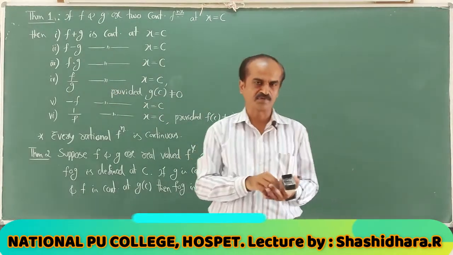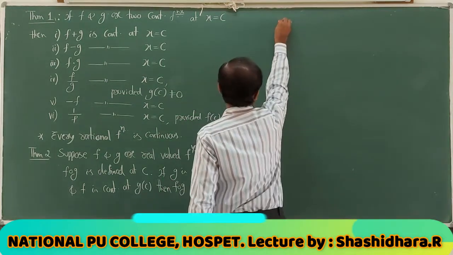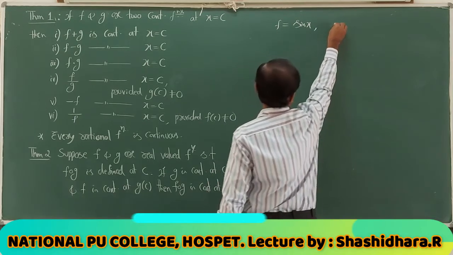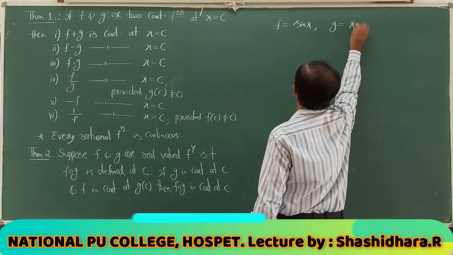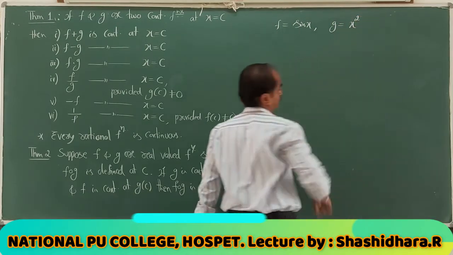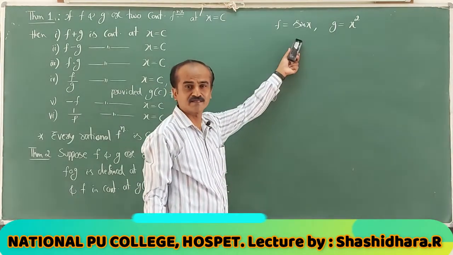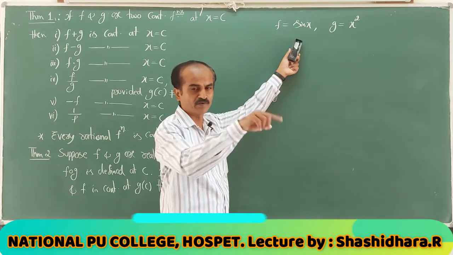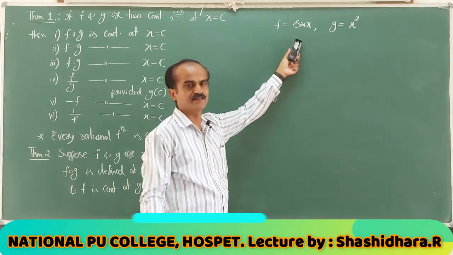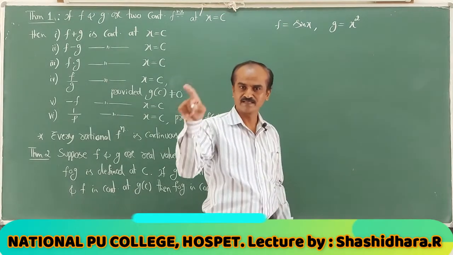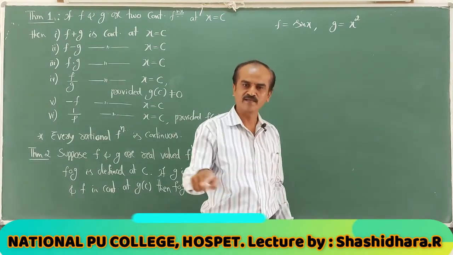As an example, suppose I take f of x equal to sin x and g of x equal to say x square. It is a well known fact, by the graph of sin x we can say that it is clearly continuous. What about x square? Yes, it is a parabola opening upward, no break in the curve.